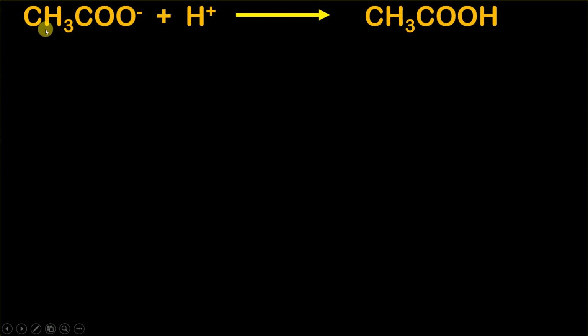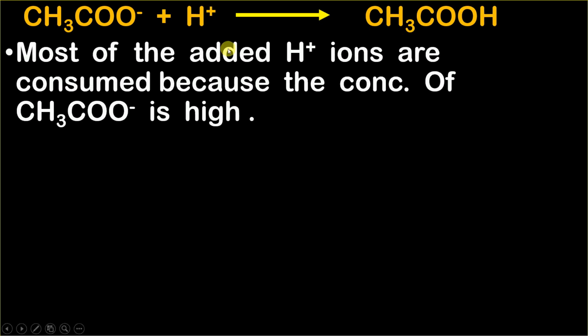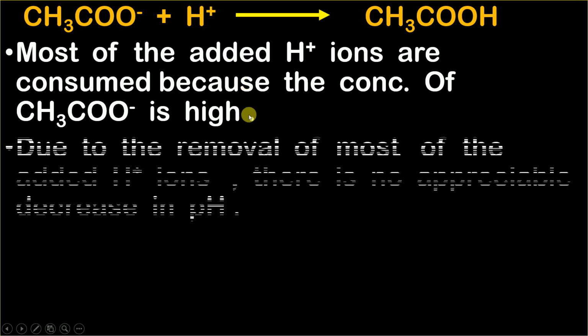These CH3COO minus ions will react with those H plus ions which are added because of the acid and turn into CH3COOH. Can I say here that most of the added H plus ions are consumed because the concentration of CH3COO minus is high. This CH3COO minus will consume all the H plus ions that are added because of the acid, and ultimately what is going to happen?